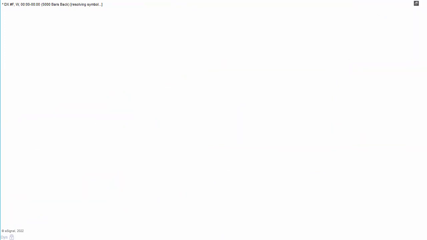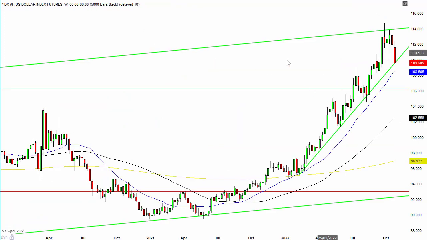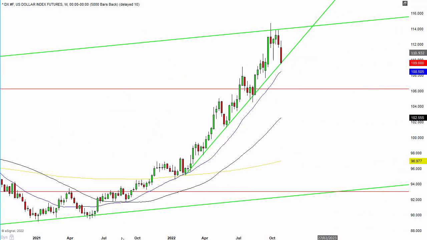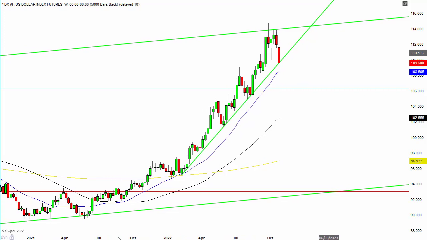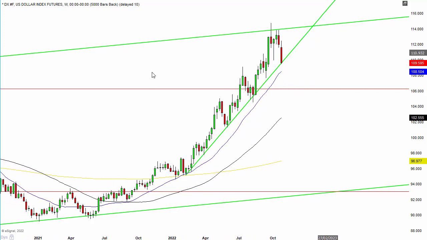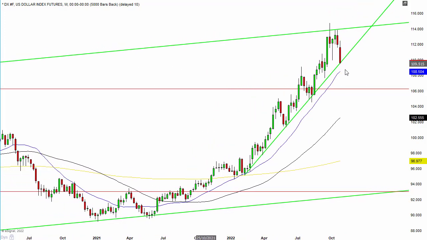If we go back to that weekly chart, from a technical perspective, obviously we've got technical breaks of things like this trend line. From a fundamental perspective, we've got a lot of central bank action coming up over the coming week.